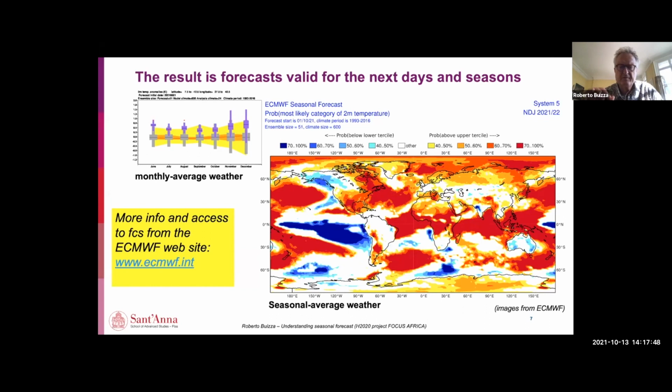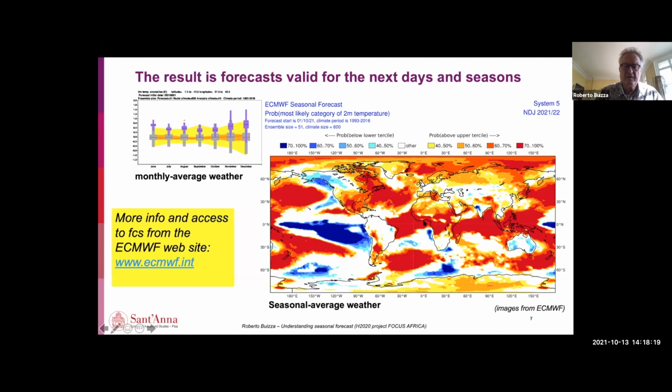I want to stress the fact that these long-range forecasts are mainly issued in probabilistic terms. They're very difficult. We can only say something about the probability that something will happen. What you see here is, for example, that over Africa, this is the forecast issued on the 1st of October. For November, December, January, it says there is a high probability that Central Africa and Western Africa are going to be warmer than average, 60 to 100% probability of being warmer.